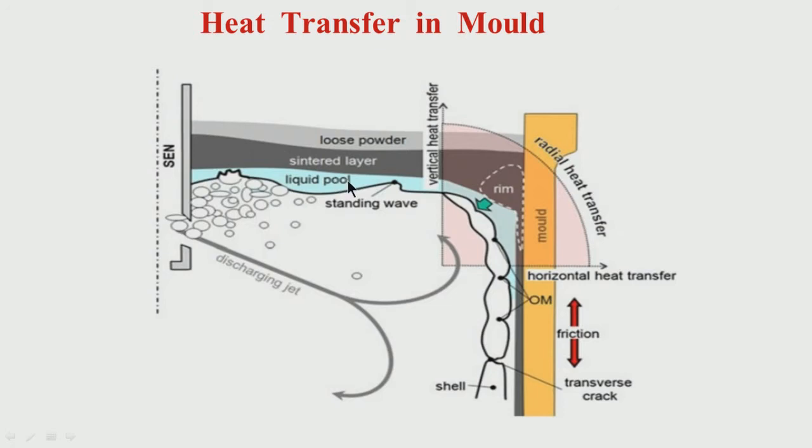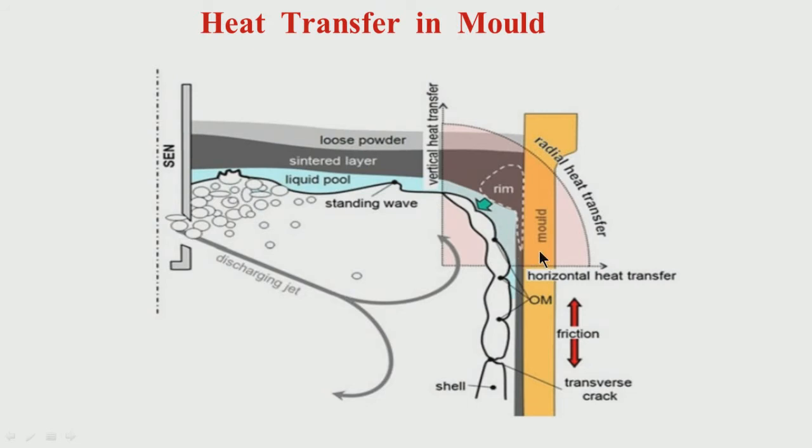This molten slag, after it gets frozen, forms the rim. Please look here, this is the liquid slag, then this is the rim, and then this dark area is basically the solid slag.